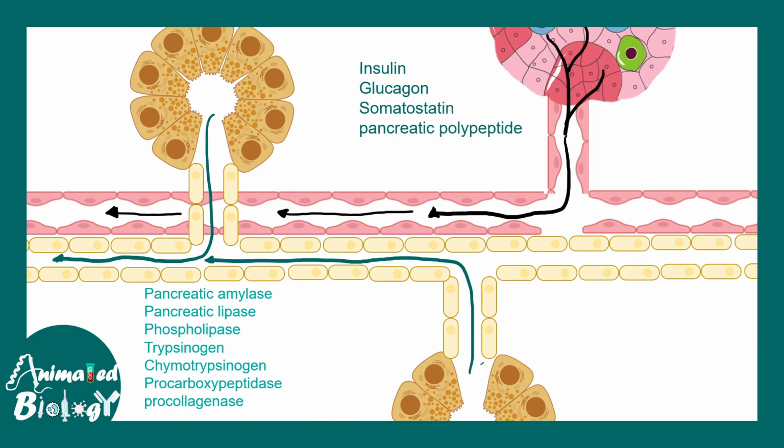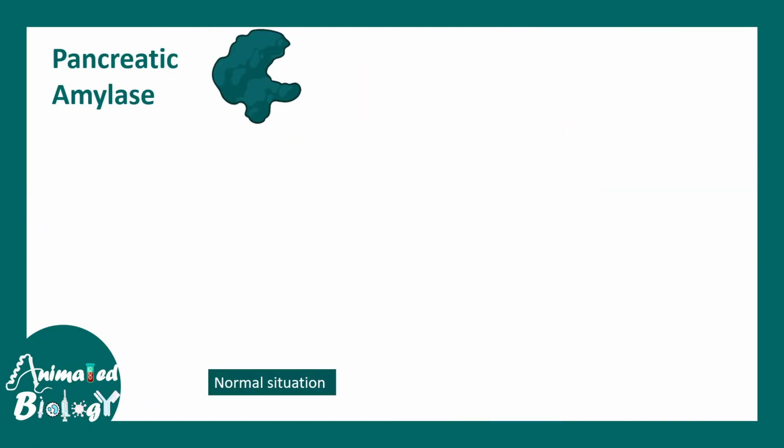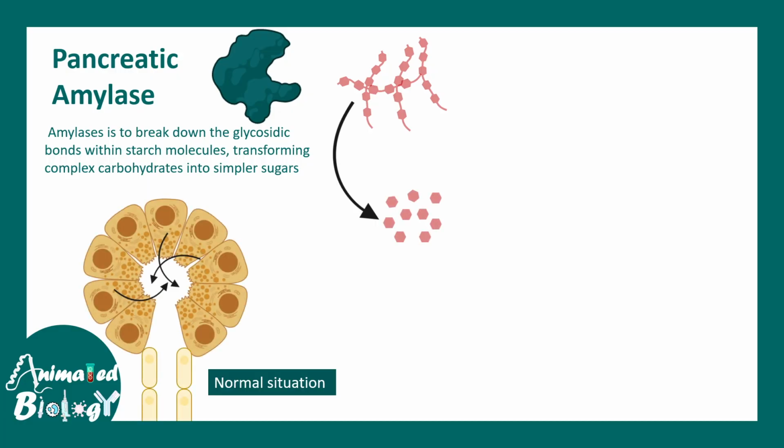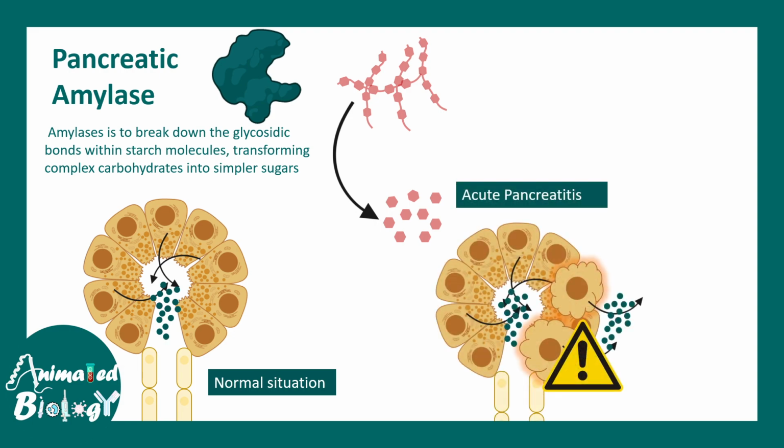Now what happens in acute pancreatitis, or injury which eventually might lead to chronic pancreatitis, is a leakage of all these enzymes. One of them is pancreatic amylase. It breaks down polysaccharides into monosaccharides. In a normal situation it is released into the ducts. But in acute pancreatitis, where there is damage to these acinar cells, these enzymes can be released prematurely in the near vicinity.